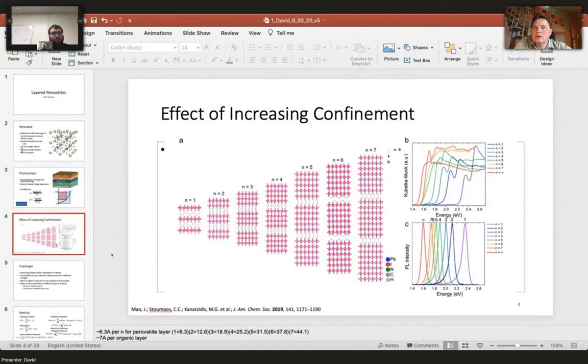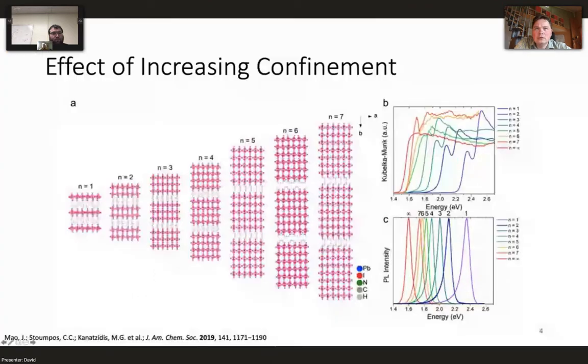So one of the benefits to using these materials is that they are tunable to different energies. So we can vary the size and we can adjust, I'm pointing at the photoluminescence. We can adjust both the absorption and the emission of the material by changing the size of the material.